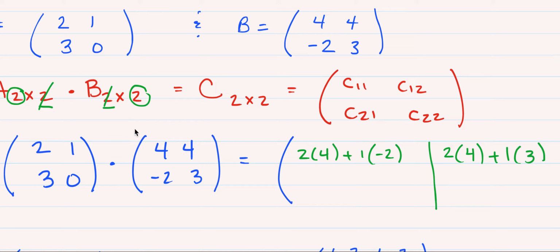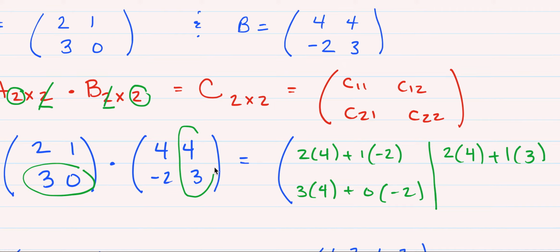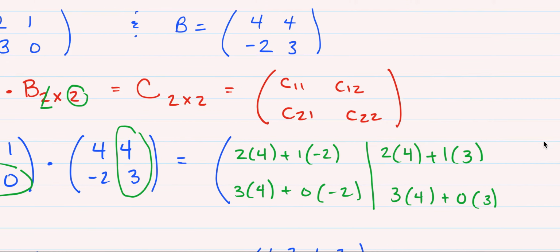So C21 is taking row 2 in A and multiplying it with column 1 in B. So 3 times 4 plus 0 times negative 2. Okay. Now let's figure out C22, which is taking row 2 in A and multiplying it with column 2 in B. So we get 3 times 4 plus 0 times 3.